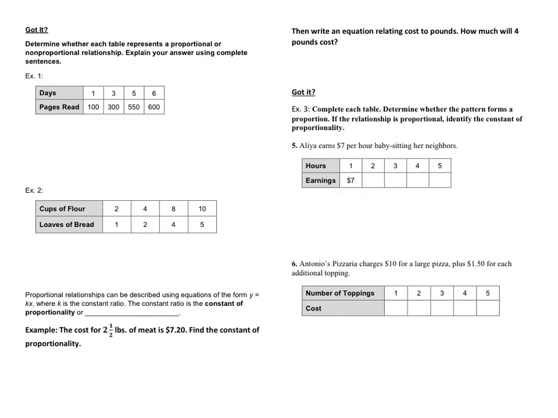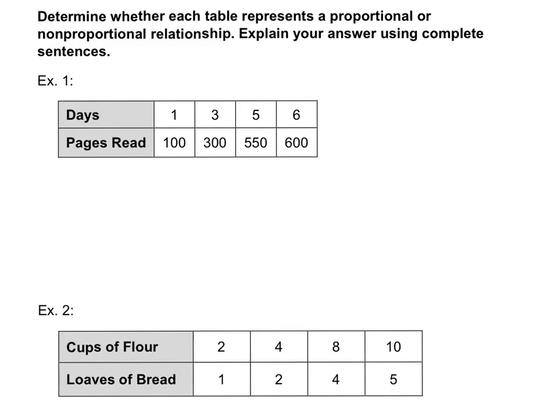Go ahead and turn your notes over to the backside now. Now we're going to determine whether each table represents a proportional or non-proportional relationship, explaining your answer in complete sentences. We have 1 to 100, which is our constant. So we're going to take the 3 out of 300 and simplify that fraction to see if we also get 1 over 100, which we do.